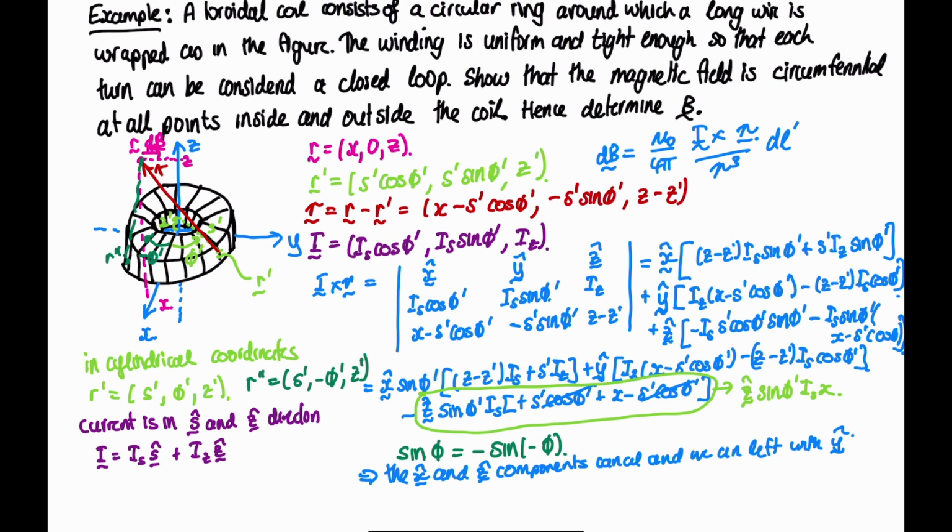So it turns out that it doesn't matter which point we consider. We can always choose two points where the magnetic field cancels out in all directions apart from our phi direction. And we were asked to show that this is circumferential at all points, and so that is how we show it. So the x and z components cancel out, and we're left with y.